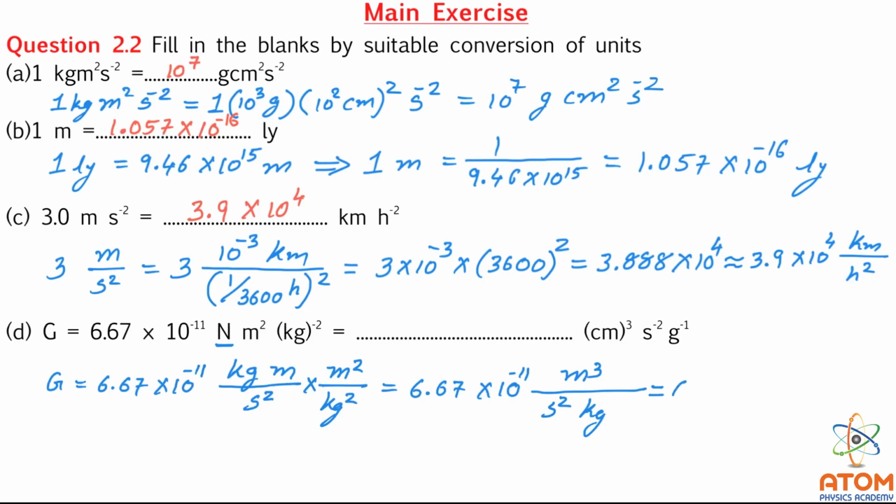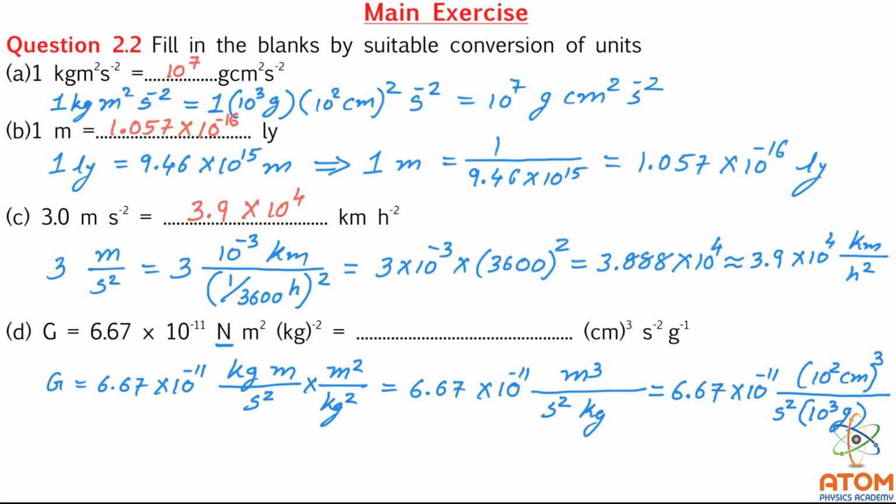So as per that, this can be written as 6.67 into 10 raised to minus 11. Now meter cube is 10 raised to 2 centimeter and cube. 1 meter is 10 raised to 2 centimeter and cube. Here second is second itself, no change. For kilogram, we can write 10 raised to 3 gram. At the place of kilogram, I am putting 10 raised to 3 gram.